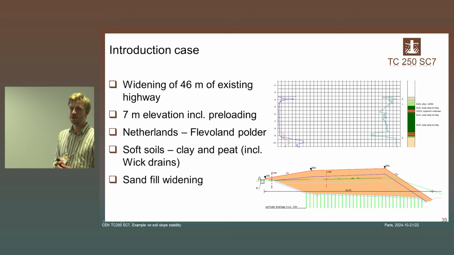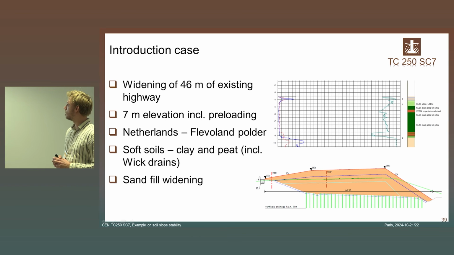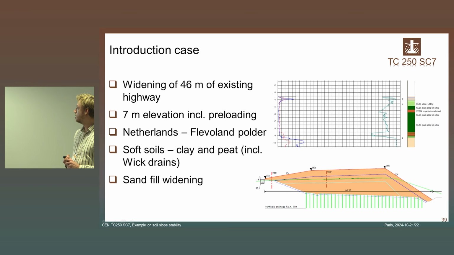The project involved a widening up to 50 meters and up to 7 meter elevation, including additional overheight for the preloading. And that's where the sand fill was used to widen the construction.